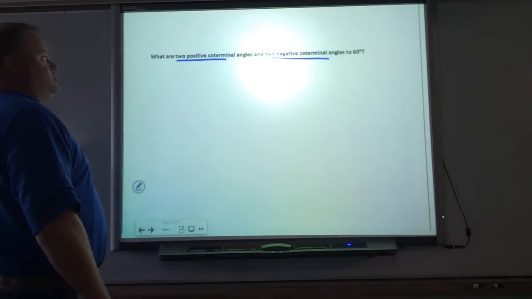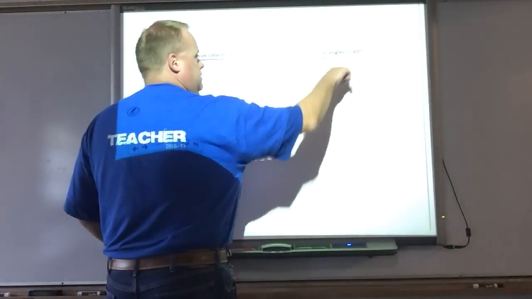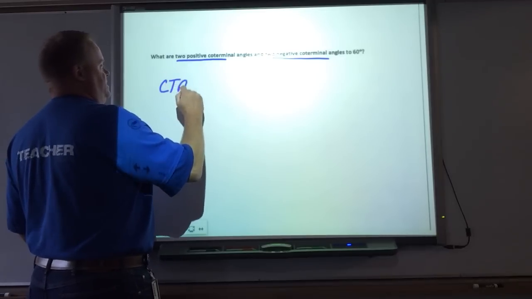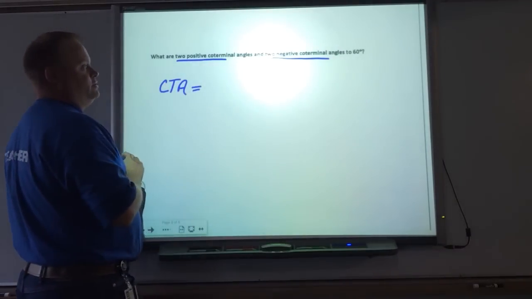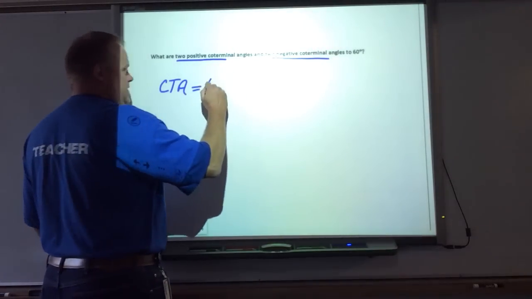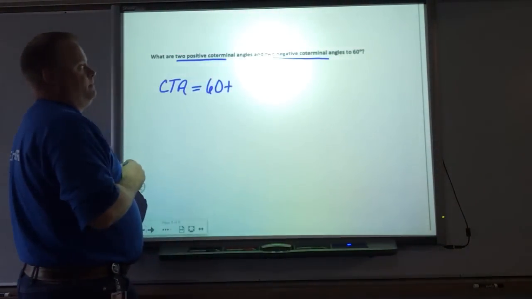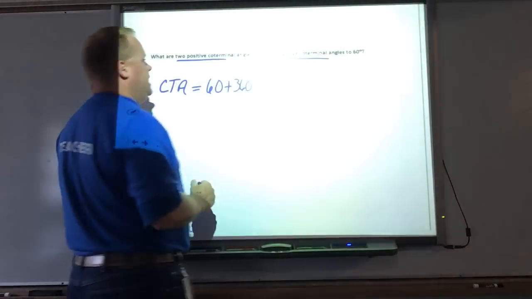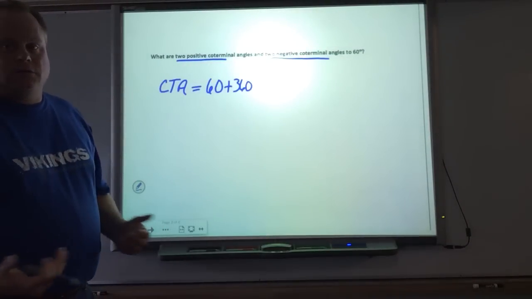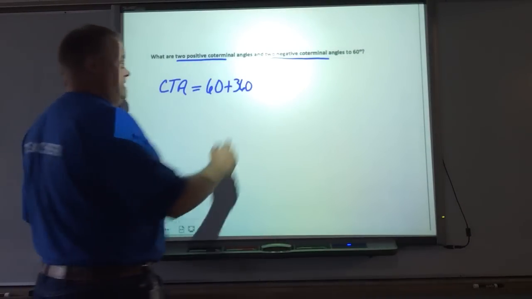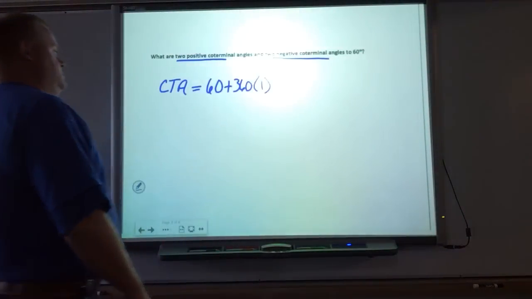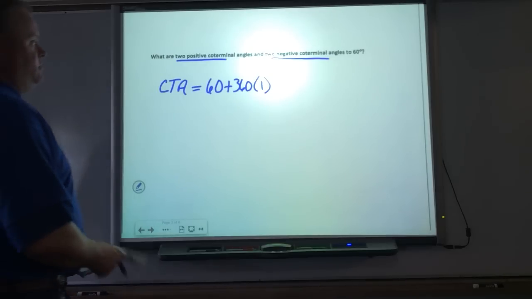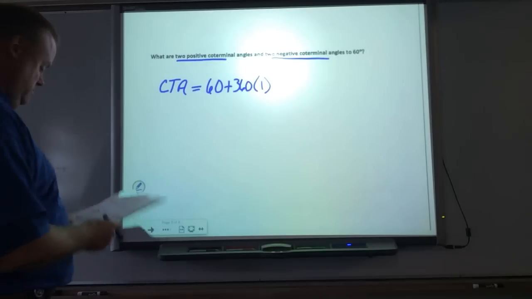So for the two positives, I want my coterminal angle, which I'll label CTA, equal to my original angle of 60 plus 360 times n. I can pick any positive number I want, and I'll start with the easiest one, 1. So if I plug 60 plus 360 times 1 into the calculator, what do I get?